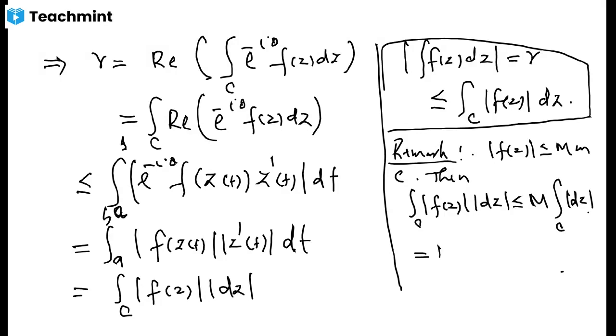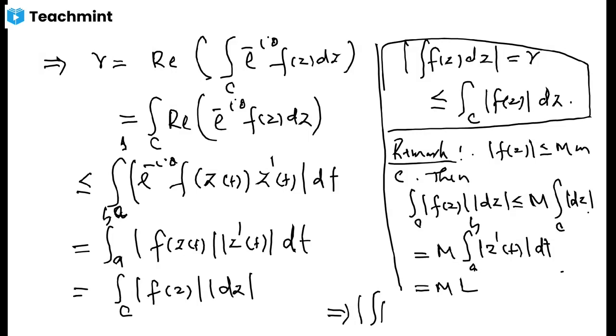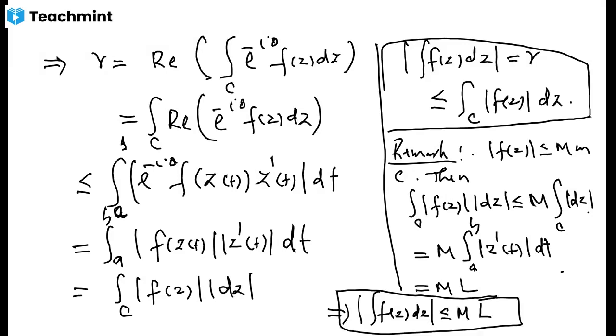If you take the parameterization, it is a to b, mod dz will be mod of z prime of t into dt. So what is multiplied with M is nothing but the length of the arc. So in that case, the value of integral of mod f(z) dz comes to be less than or equal to ML. This is also known as an ML estimate when the function is bounded.